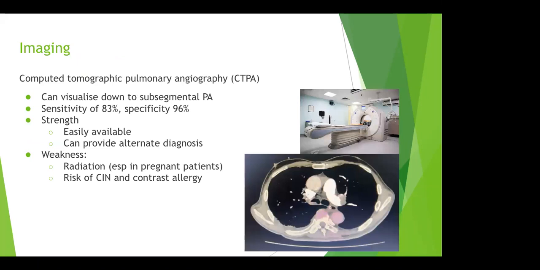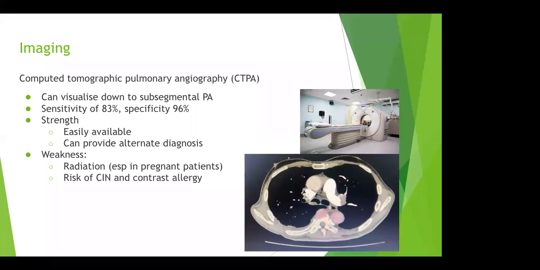So just a bit on the imaging modalities for pulmonary embolism. The usual one that we do is CTPA, computed tomographic pulmonary angiography, which can visualize the pulmonary arteries down to the subsegmental level, and it's very sensitive and specific.